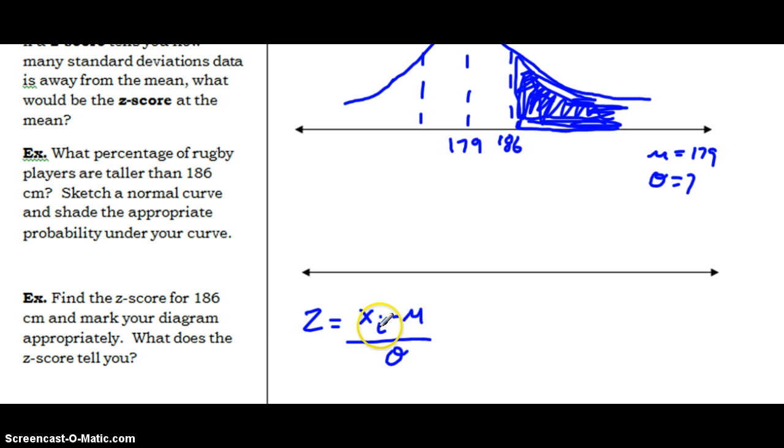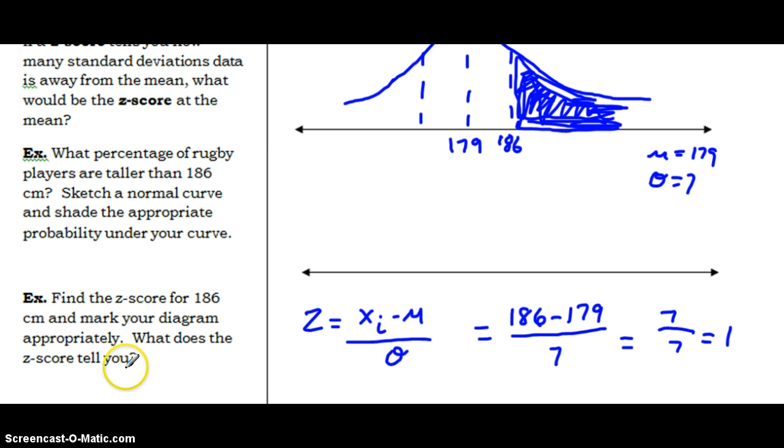Remember the x sub i will be the data point that they want us to find, so 186. Then subtracting the mean, so 179 in this case, and then dividing by the standard deviation, which is 7. So 186 minus 179 is 7, and 7 divided by 7 is 1.